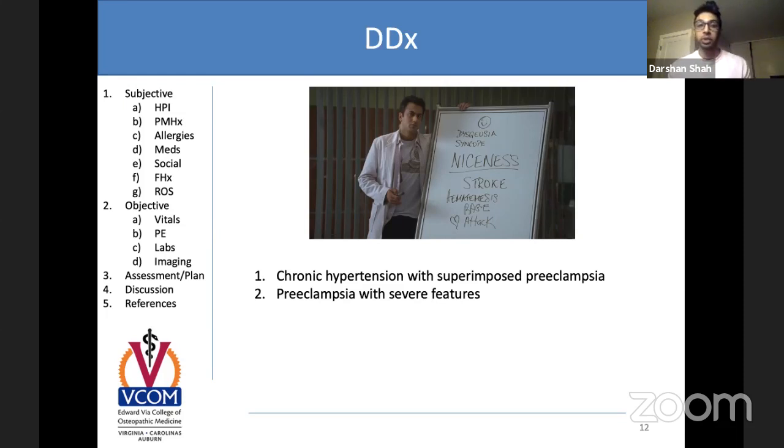Another differential is preeclampsia with severe features, and I'm going to go over what those severe features could be. Third, she could just have chronic hypertension without any preeclampsia. She could have gestational hypertension, which would be greater than 20 weeks. Sorry, she had chronic hypertension because she was less than 20 weeks. Gestational would be greater than 20 weeks.